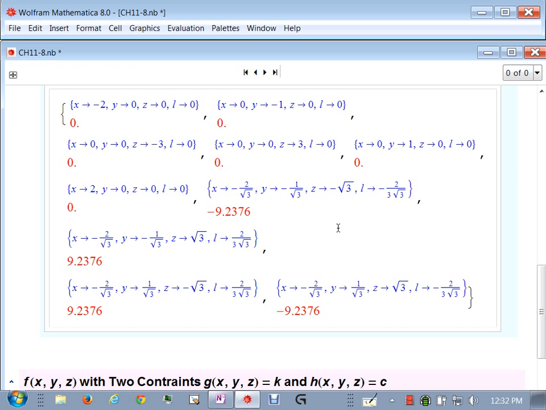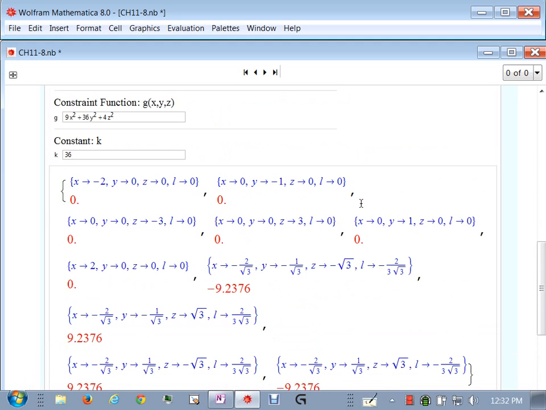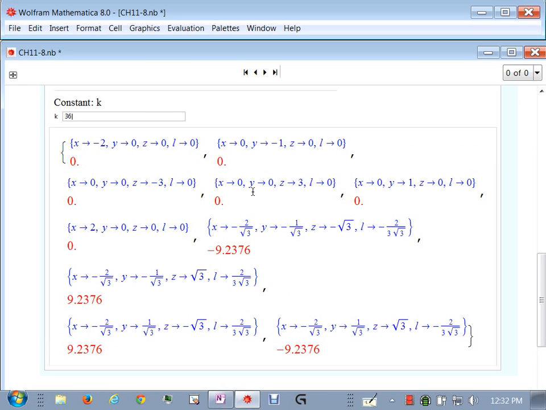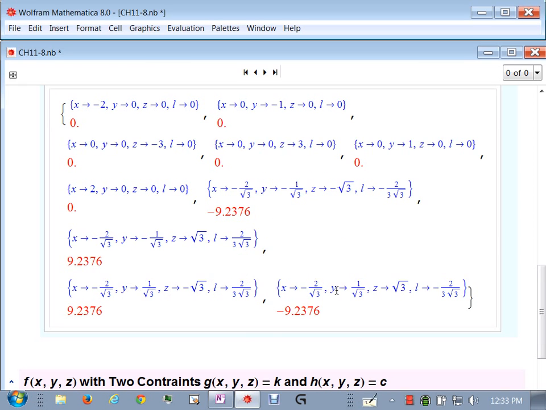I should have both x, y positive, x, z. Something seems amiss here. I think when I wrote the code, I said only get the first so many solutions, because it's got 1, 2, 3, 4, 5, 6, 7, 8, 9, 10. I probably told it not to find only the first so many solutions.